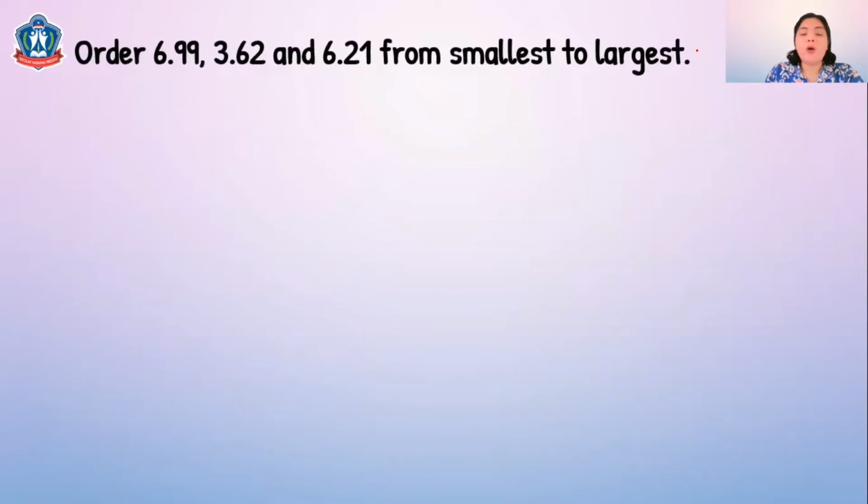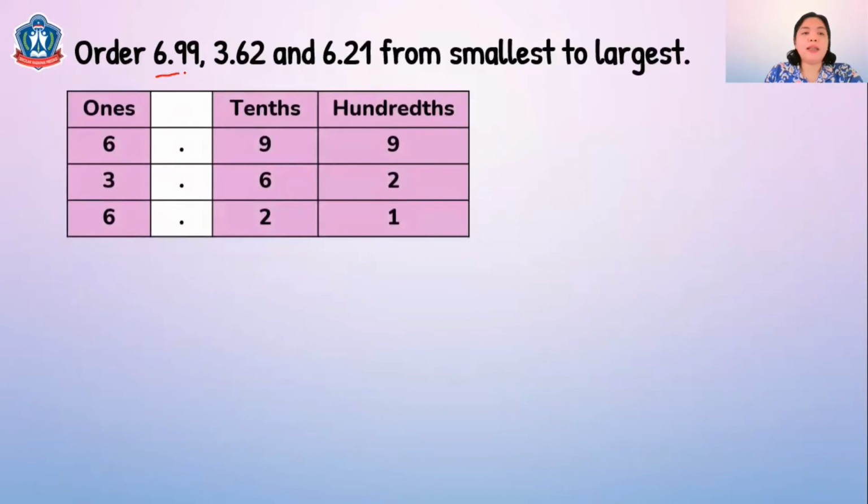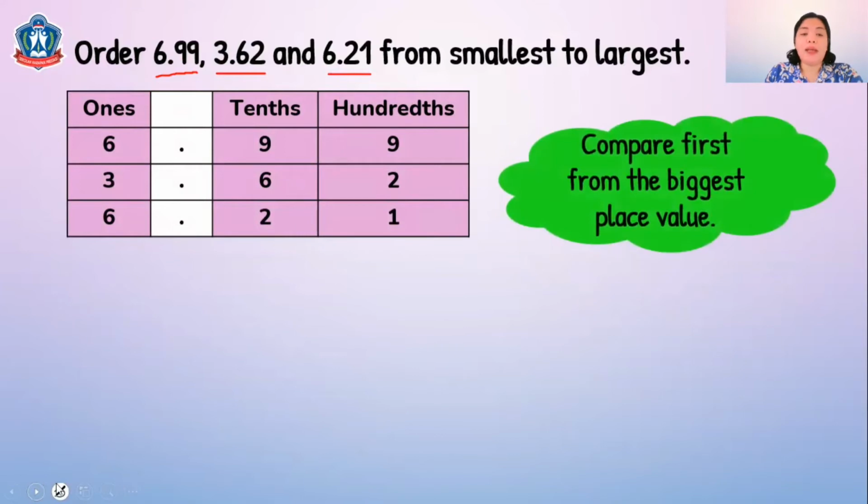Next, let's do ordering the numbers. It means we are going to arrange the numbers from the smallest to the largest, or from the largest to the smallest. We have 6.99, 3.62, and 6.21. So take a look, children. All of our numbers have two decimal places.